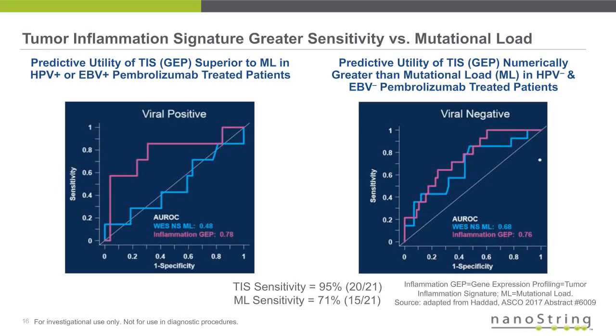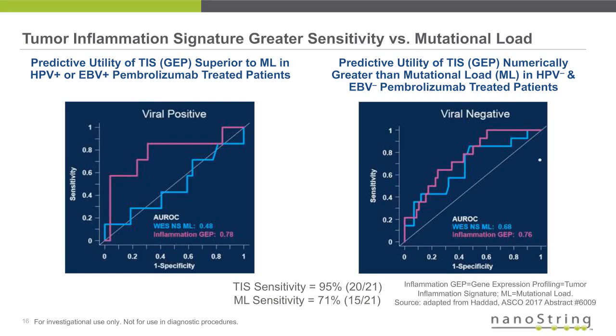And in these patients, as we're seeing on the left side of this graph, the tumor inflammation signature has a very high predictive power because it is measuring the presence of the active immune system within that tumor rather than the potential immune activation as would be indicated by looking just at mutational burden alone.